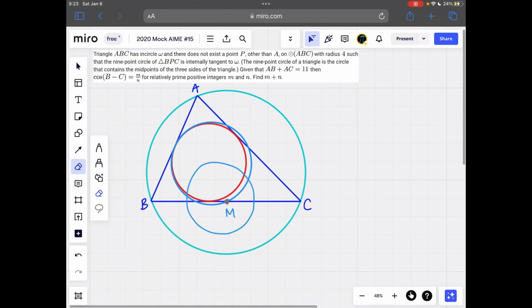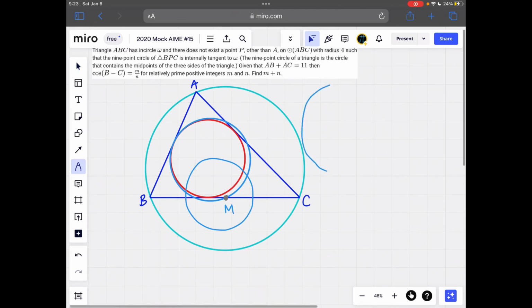Now what else? We have that the 9-point circle of triangle BPC is internally tangent to omega. So what needs to be true about the two circles? Well, if two circles are internally tangent, then the distance between their centers is exactly equal to the difference between their radii.